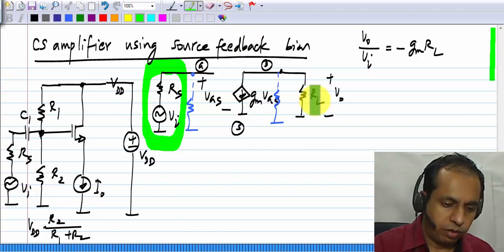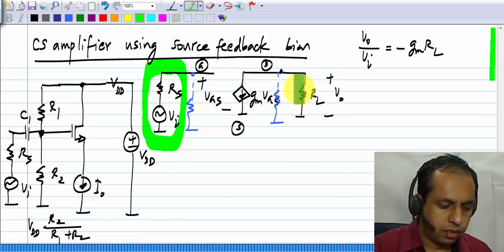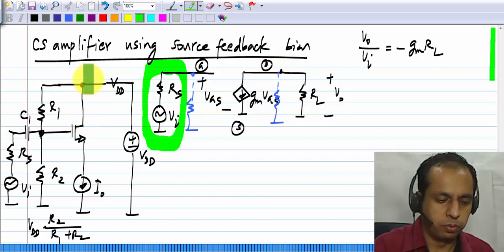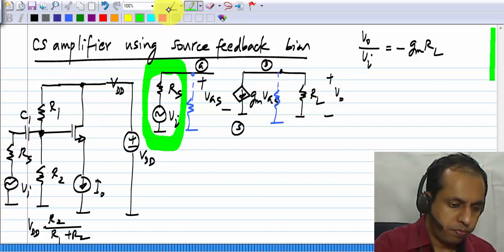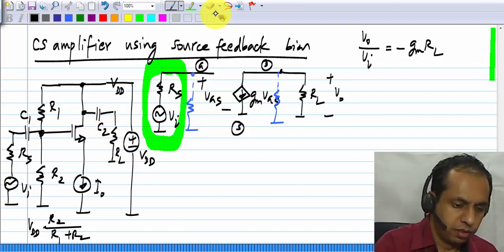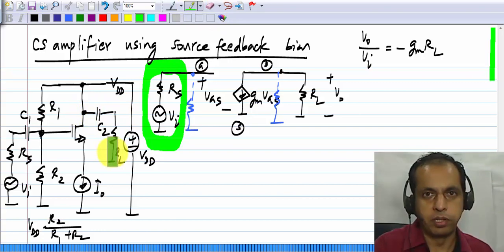Now we have to be able to connect the load. The drain cannot be connected to the supply voltage directly. We know that we can connect the load to the drain by AC coupling, so that the DC value is blocked and only the signal appears here.